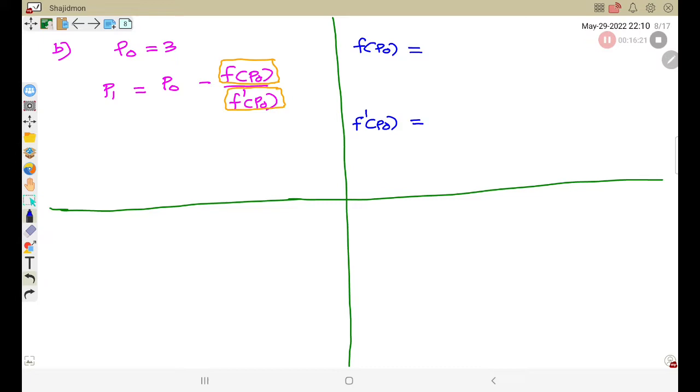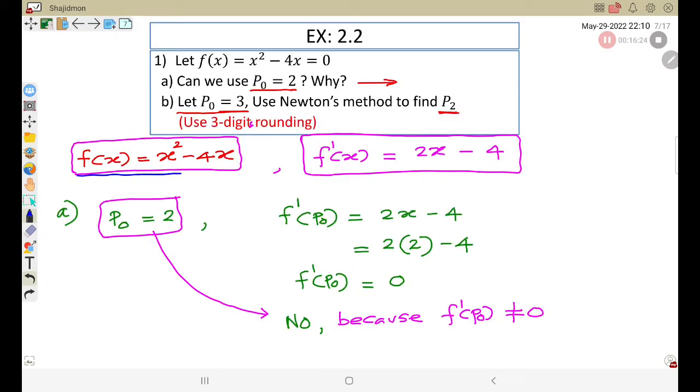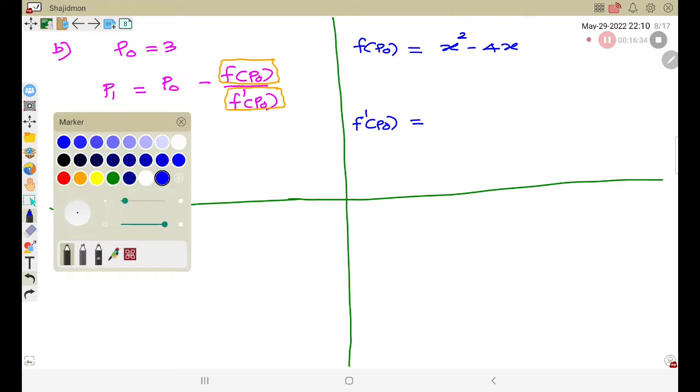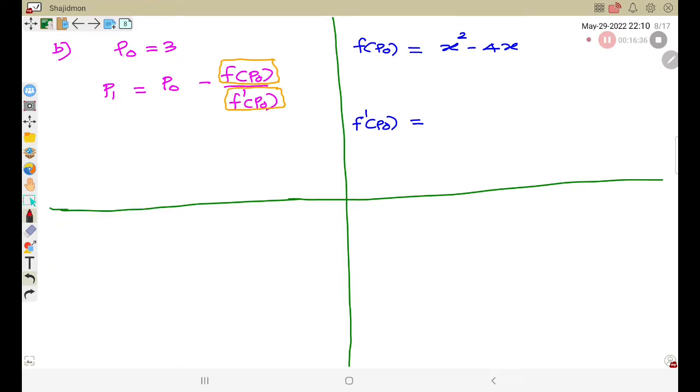Now what is f of P0? Just write what is f of x here. X power 2 minus 4x. Correct? This is the f value. Now instead of x, just apply the P0 number. P0 number is 3, so instead of x apply 3: 3 power 2 minus 4 multiply 3.